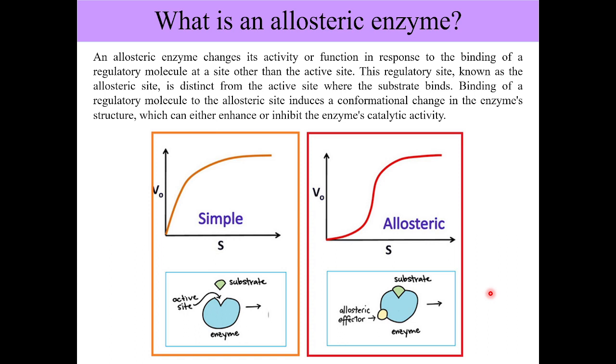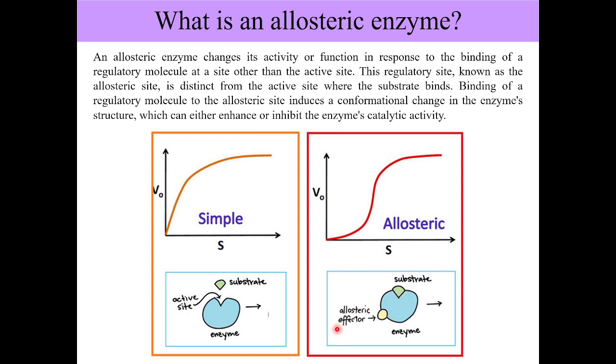For allosteric enzymes, if you look at this figure, there is an active site to which the substrate binds. Besides that, there is one tiny regulatory site, where an effector molecule binds. Since this is away from the active site of the substrate, it is called the allosteric site. When the effector molecule binds, the enzyme undergoes a conformational change, because of which it can show very high activity.